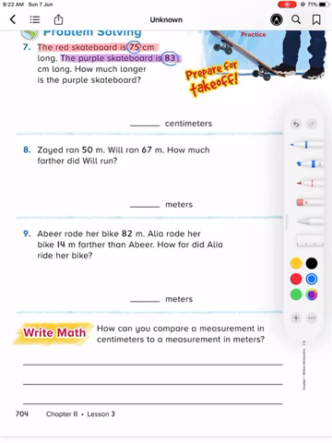We have 83 and 75. 75 is smaller than 83. So 75 is less than 83. This is the first thing. Now, how much longer is the purple skateboard? We already know that the purple skateboard has the longer measurements, and this is the smaller.